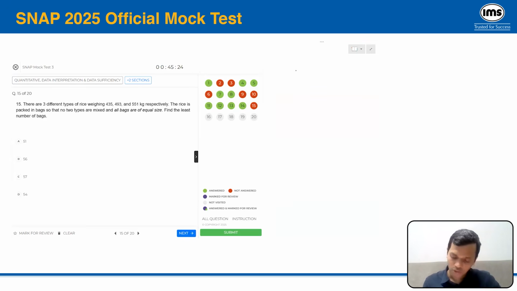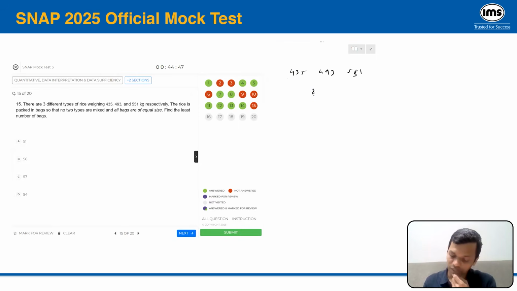Okay, let's move on. There are 3 different types of rice. The rice is packed in bags. Least number of bags. Okay, 435, 493 and 551. So this is divisible by, 551. What is 551 divisible by?